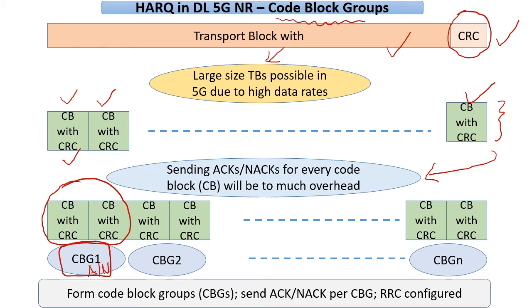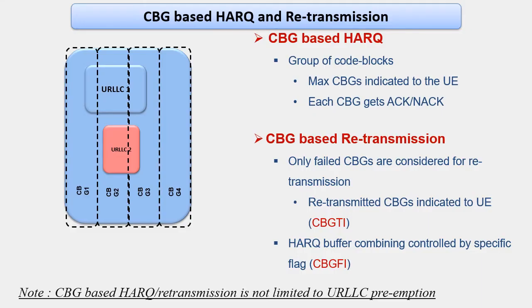I came to this idea from a large size transport block, but there's another motivation for this. The other motivation for code block groups is that as URLLC picks up, one of the interesting things is that the URLLC data has to be scheduled, possibly preempting the mobile broadband data.